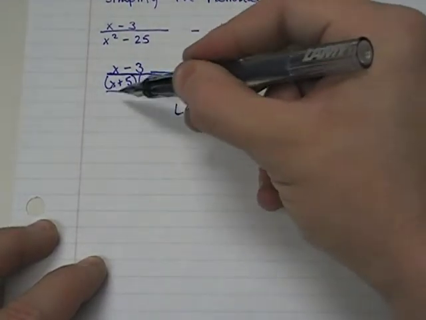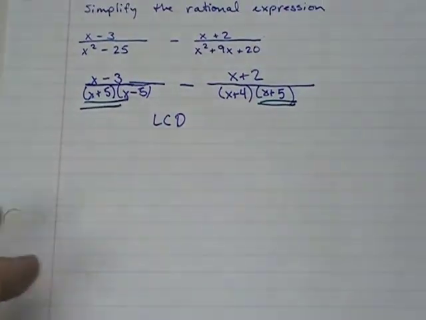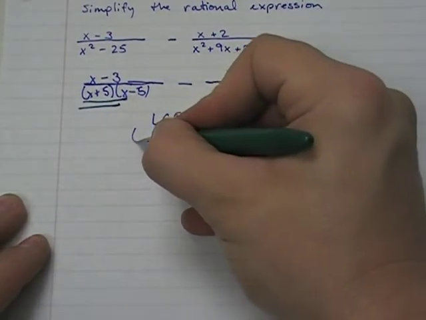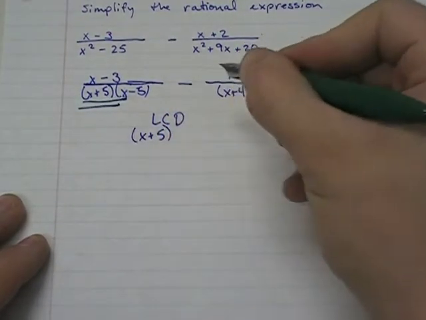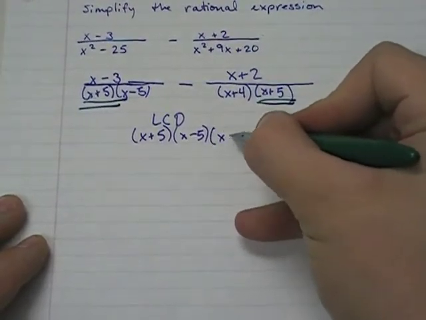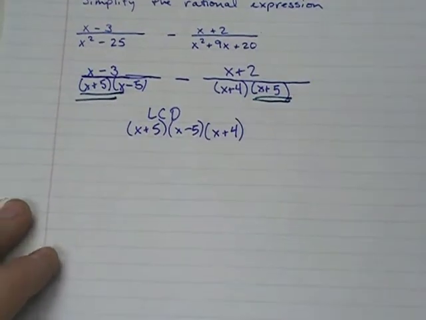And in this denominator, I also have an x + 5. We're only going to list x + 5 one time in our LCD. So our LCD is going to be (x + 5) listed once, then (x - 5), (x + 4). That is our LCD.